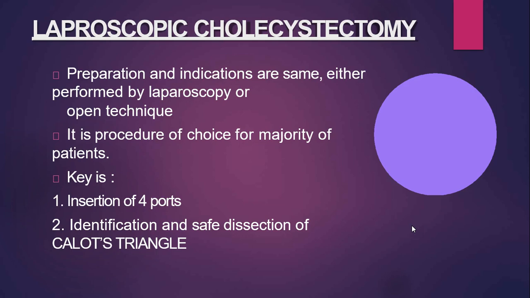It is a 4-port technique. One is for the camera, one is for the dissection, and 2 ports for the retraction. When you put the ports, you produce the pneumoperitoneum by carbon dioxide. First thing is you have to identify the Calot's triangle for the safe dissection.